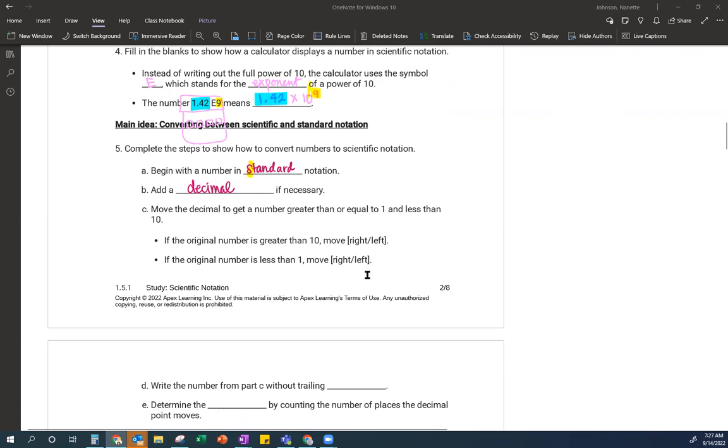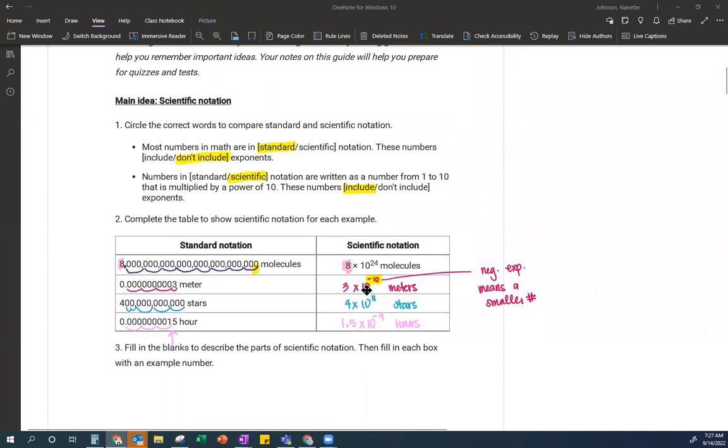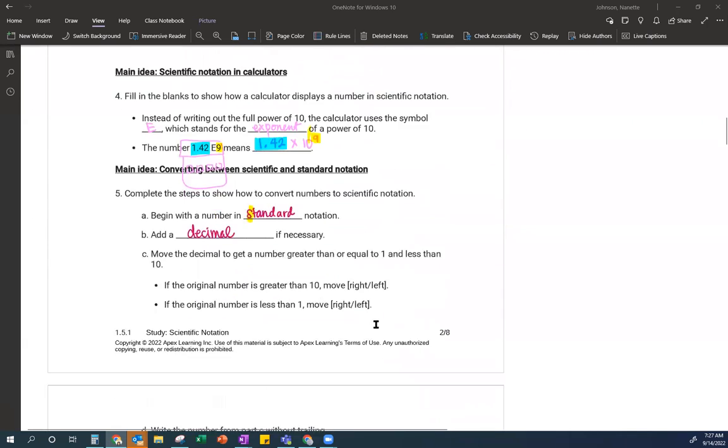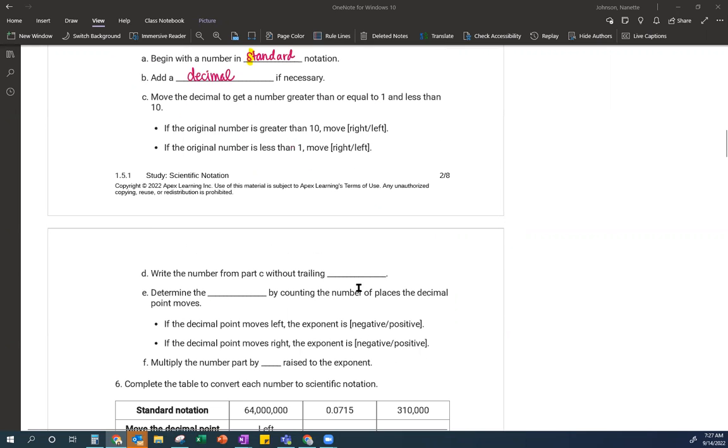I'm not going to tell you this because this will make sense if you just hold on to the fact that negative exponents mean small numbers and positive exponents mean bigger numbers. So here they want you to memorize a trick of left or right, and I don't want you to do that.